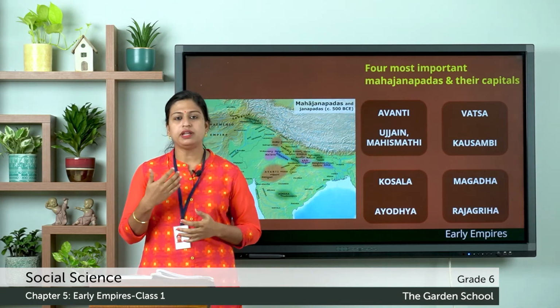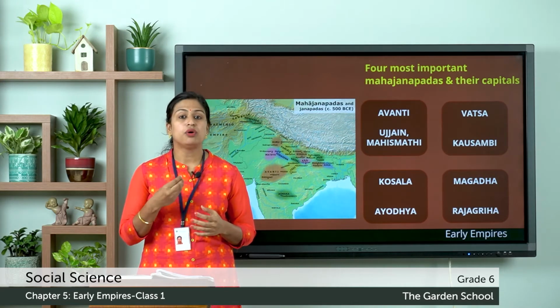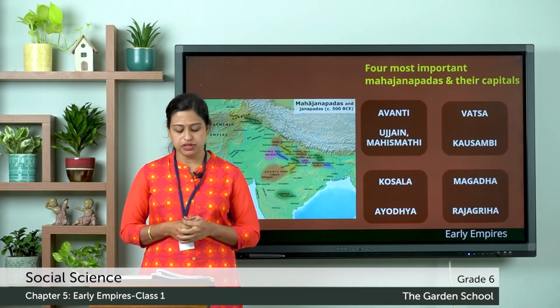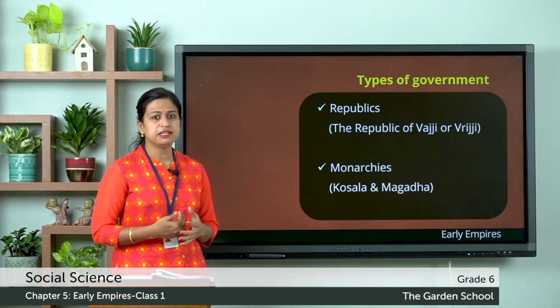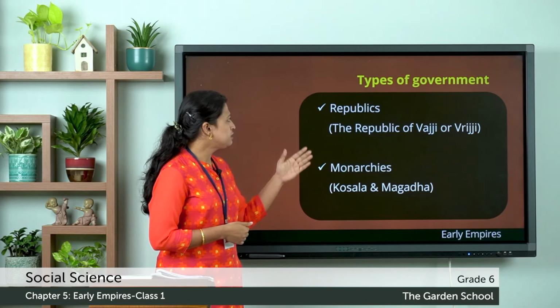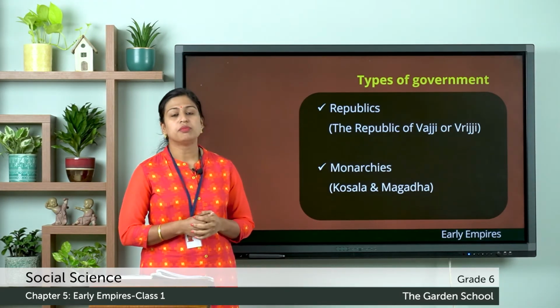Now let's go deeper into these Mahajanapadas and understand their rules and political features. Here 2 types of governments existed: the first is republics and the second is monarchies.